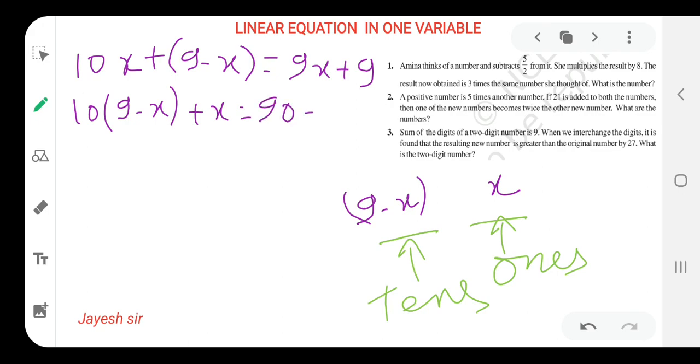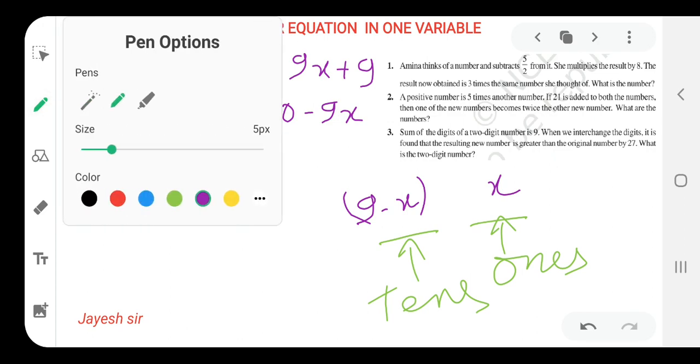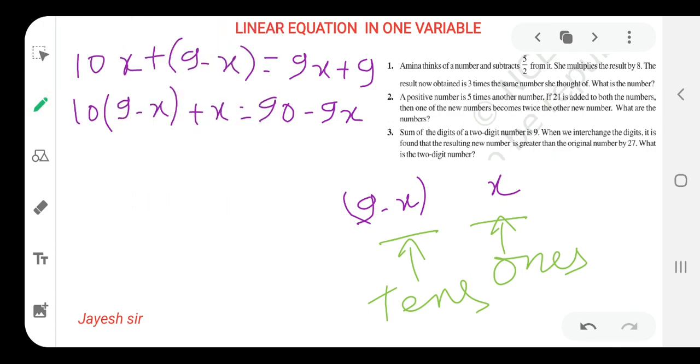90 minus 9x. Now, it is found that the resulting new number is greater than the original number. What was our original number? The equation that we found first. That was our original number and this is the new one after interchanging it. So our first equation was the original and the second was after interchanging it.